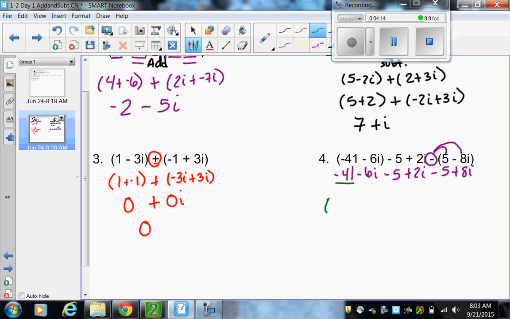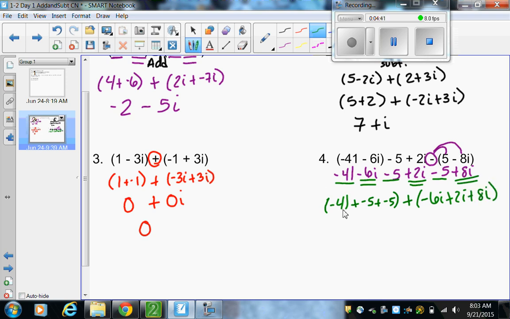I have -41, -5, and -5, plus, then my imaginary numbers, I have a -6i, positive 2i, and positive 8i.